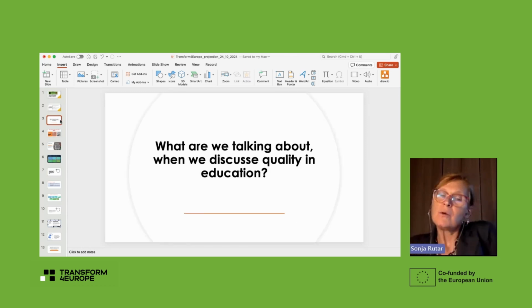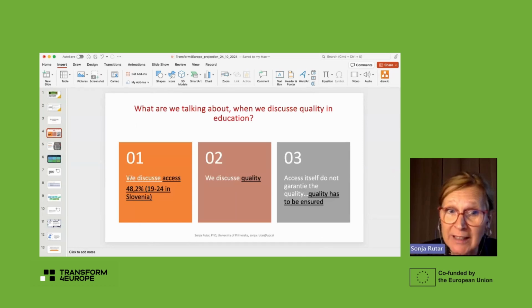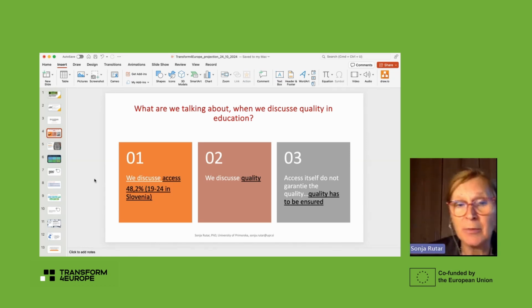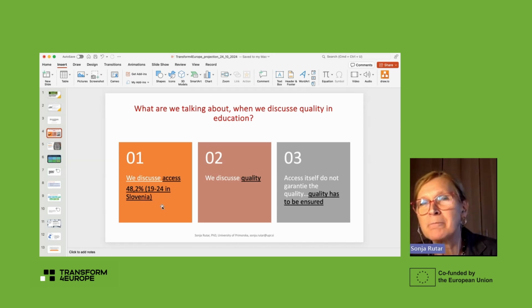Okay, so what are we talking about when we discuss quality in education? Well, we talk a lot also about access to the university. For example, in Slovenia, 48% of young people from 19 to 24 are included in higher education. But this is only access to higher education. The problem is also, when the doors are open, whether you will enter through these doors.